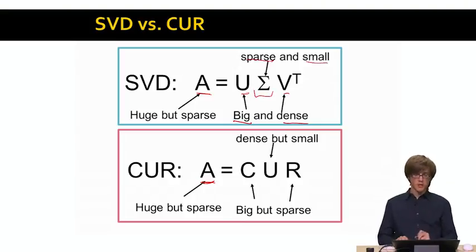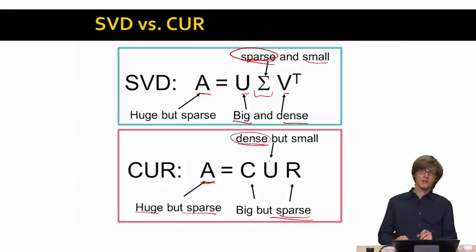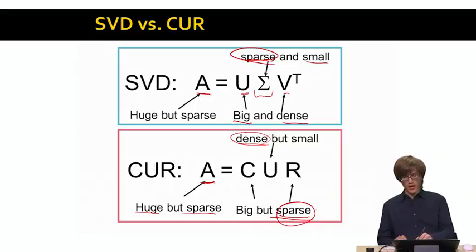CUR also has A that is huge but sparse, but what is now important is that C and R are also big but sparse, and now matrix U is dense but small. So the difference is that in SVD, sigma is sparse but small. In CUR, our corresponding matrix U is dense, but it's still very small, so it doesn't matter. But the big difference is that C and R are sparse, while in SVD they are dense.